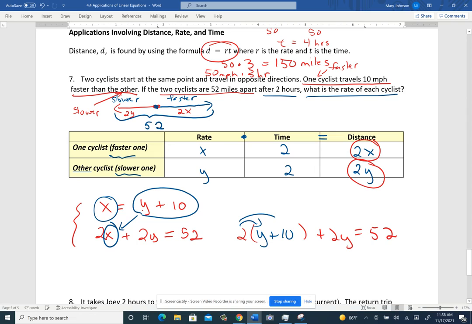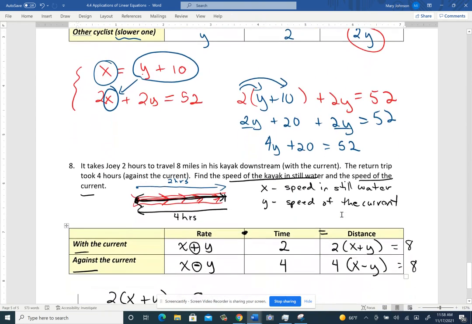Okay. So 2y plus 20 plus 2y equals 52. These are on the same side of the equal sign, so that's 4y plus 20 equals 52. Okay. Let me see if I can give us a little more room here.